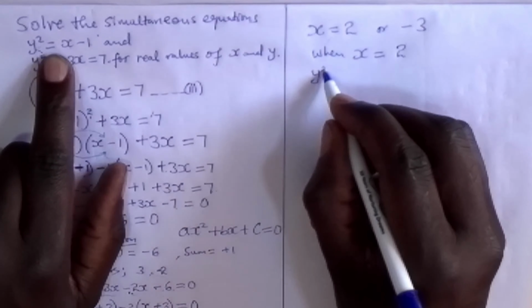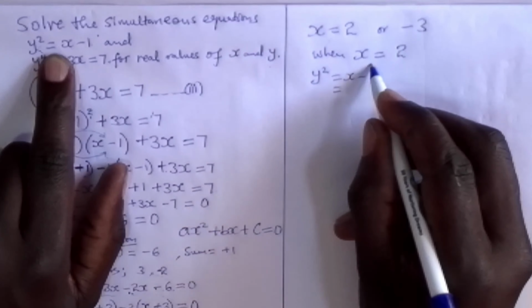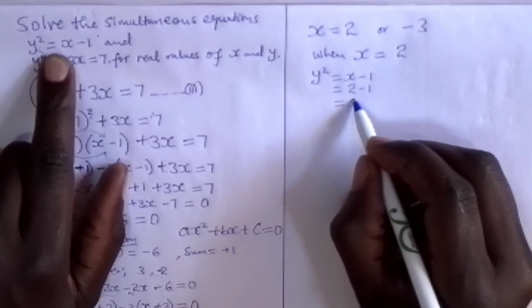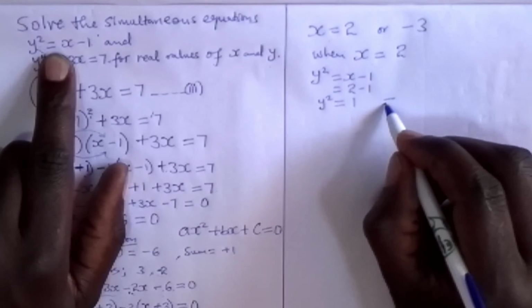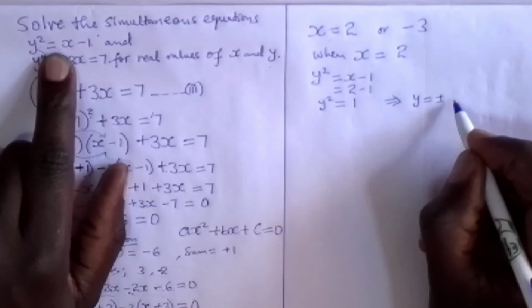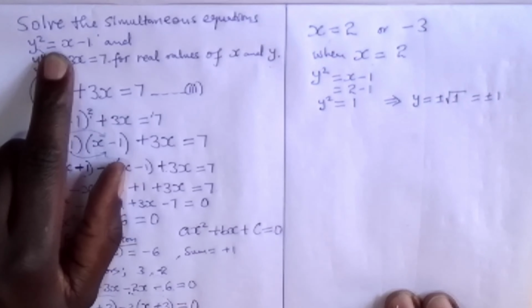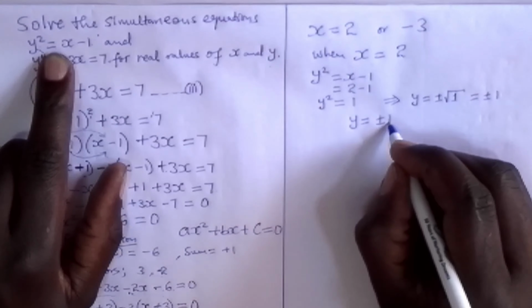When x is 2, we pick one of the equations: y squared is equal to x minus 1. We substitute the value of x, 2 minus 1, which is 1. So y squared is 1, which implies that y is plus or minus the square root of 1, which is plus or minus 1.